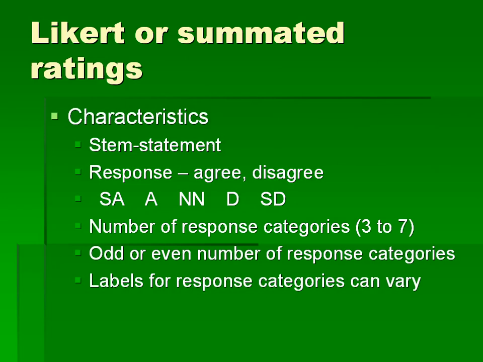And the number of items on the response scale can vary from 3 to 7. Again, with the notion that an even number forces people to make a choice, where an odd number of items provides a middle point where people can hide, if you will.